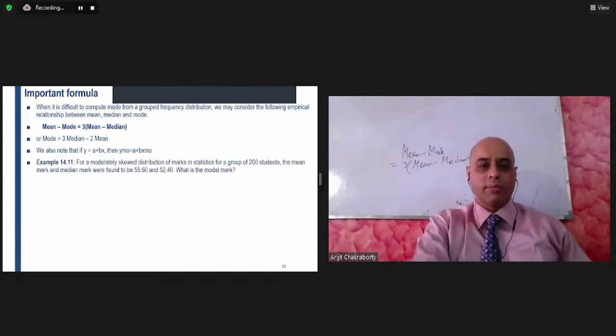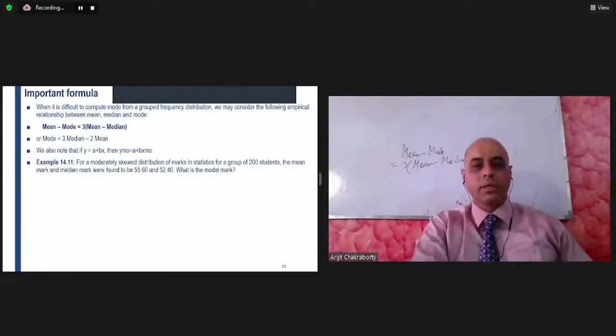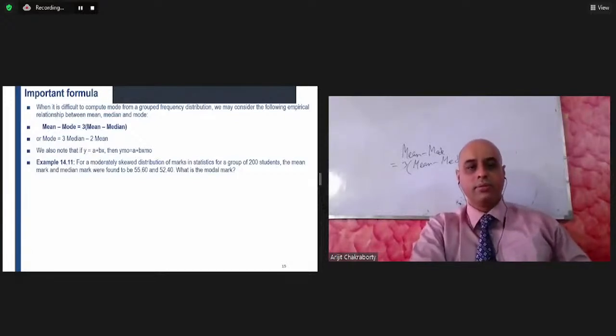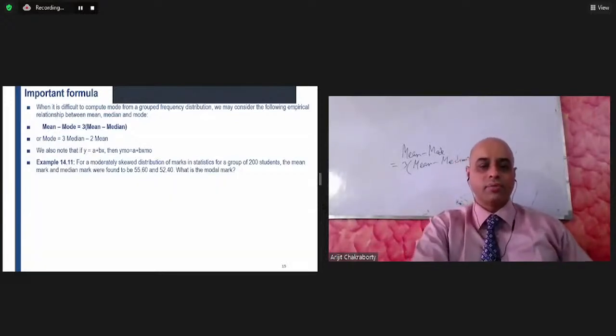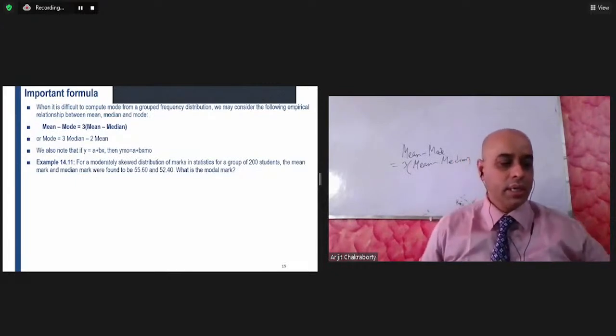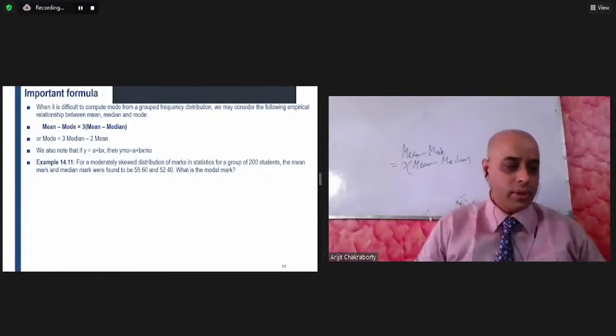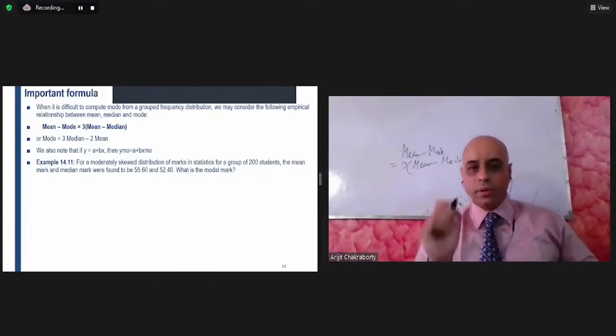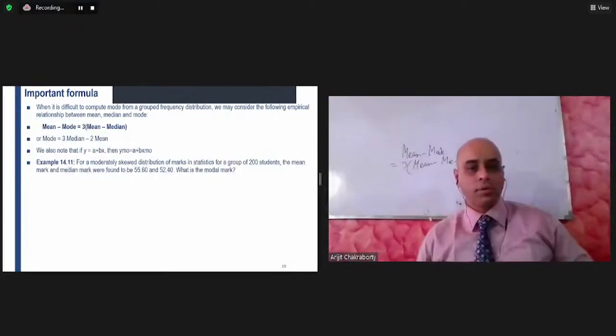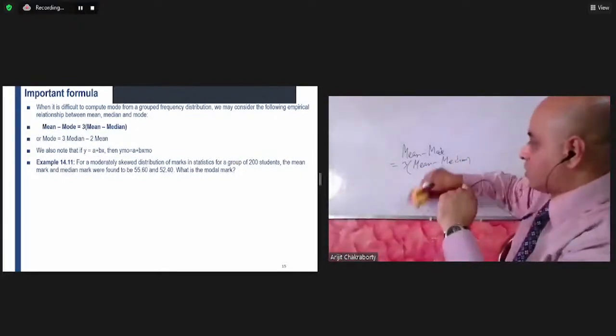Okay, so let's take an example. For a moderately skewed distribution of marks for a group of 200 students, the mean is 55.6, and the median is 52.4. Let us try to find out the mode using this formula.